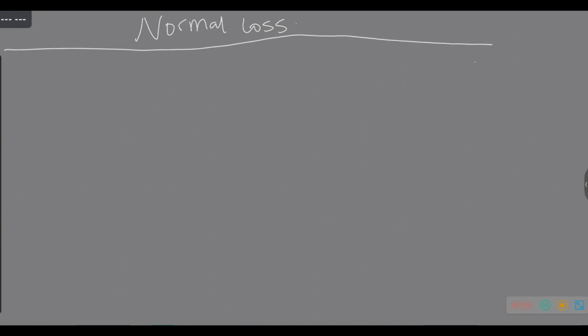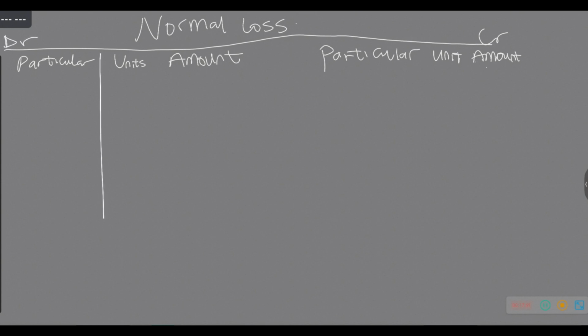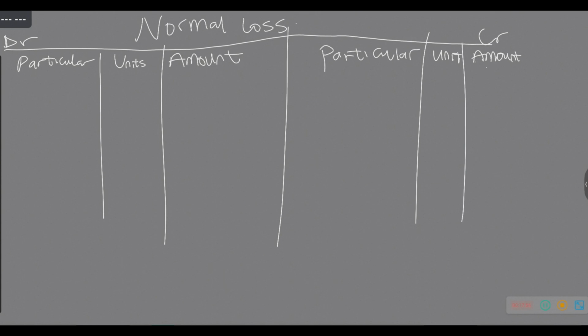We have particulars, unit, amount on the debit side, and on the credit side as well.